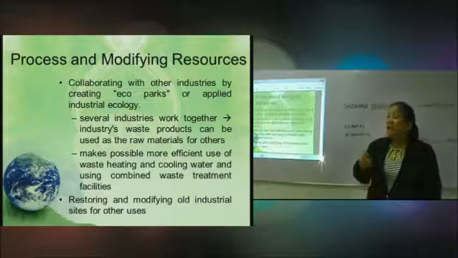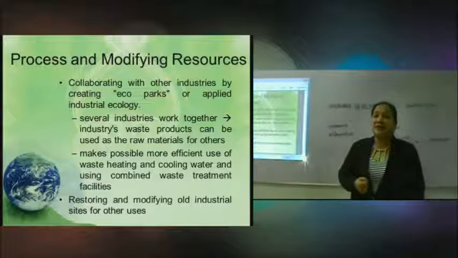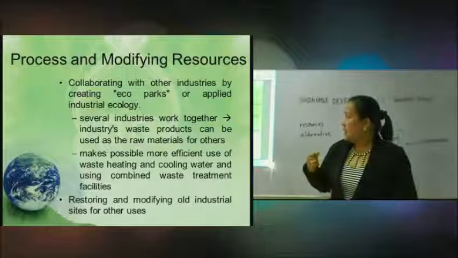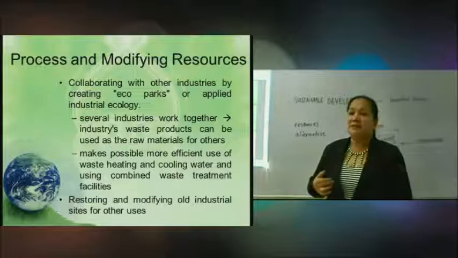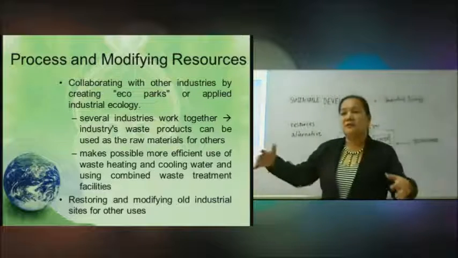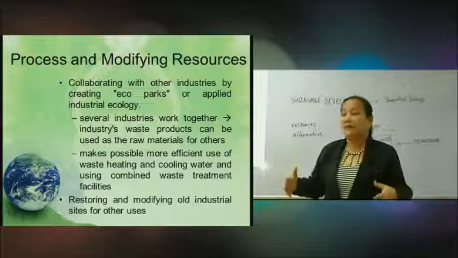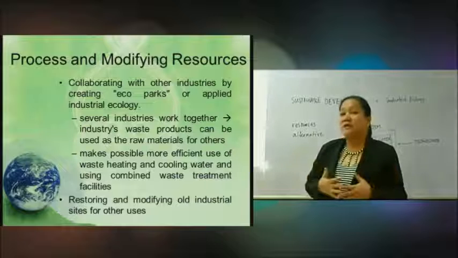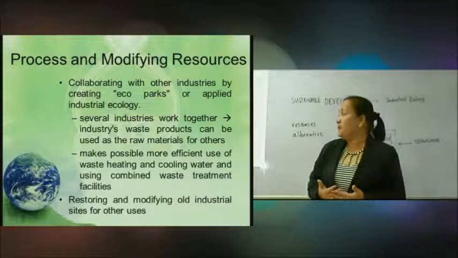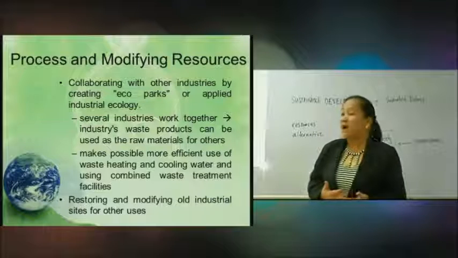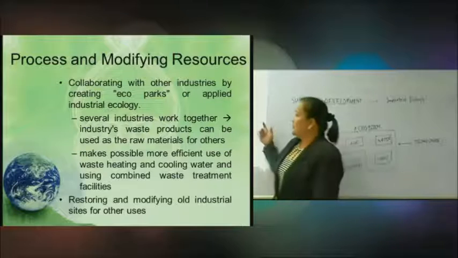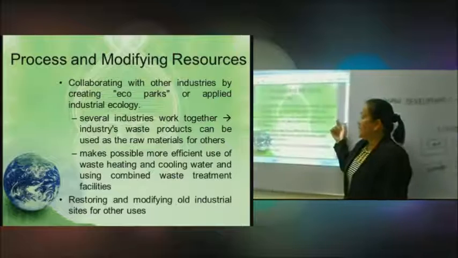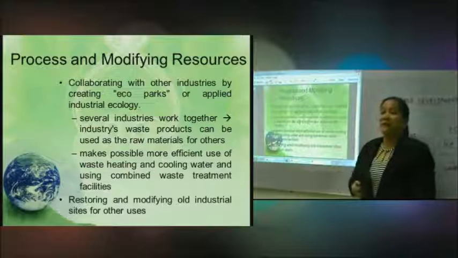Now, it's also a trend in the industry to have such eco-parks. Now, what are eco-parks? Industries and establishments have gone to a certain place, which we call eco-park. Then they collaborate by working together to solve the problem on environmental degradation. So how do they do that? They use the industry's waste products as a raw material of another establishment.